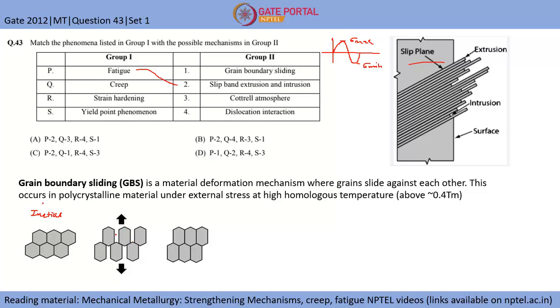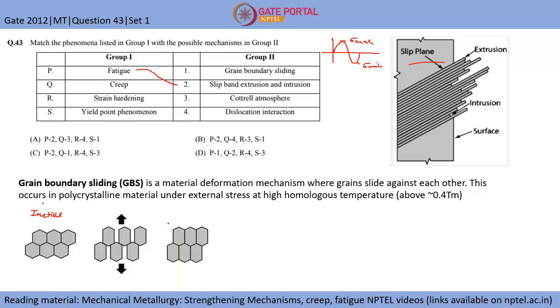This gap needs to be filled, because thermodynamically it is not favorable to have such a large gap between the grains. Hence this grain slides over this grain and closes the gap, which is basically termed grain boundary sliding.